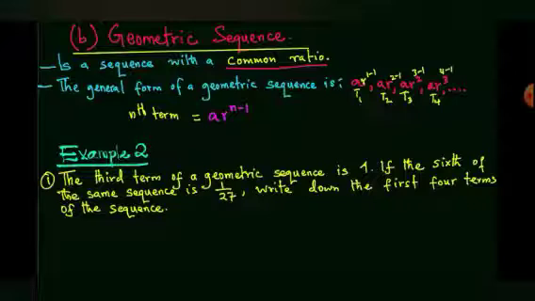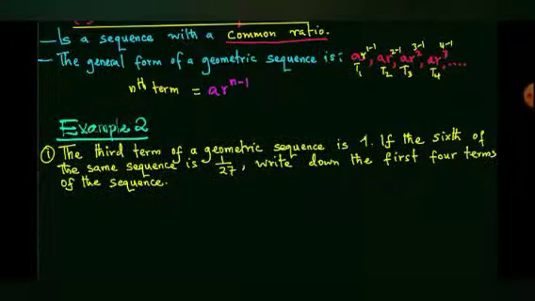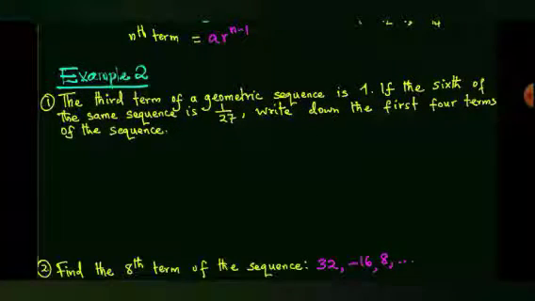So let's look at question 1 of example 2. The third term of a geometric sequence is 1 and the sixth term of the same sequence is 1 over 27. We are required to write down the first 4 terms of the sequence.